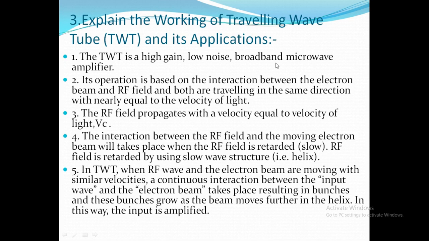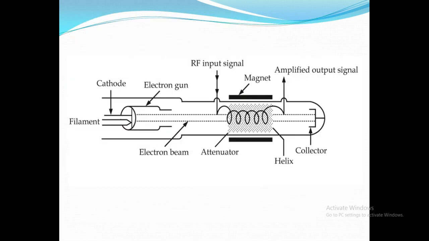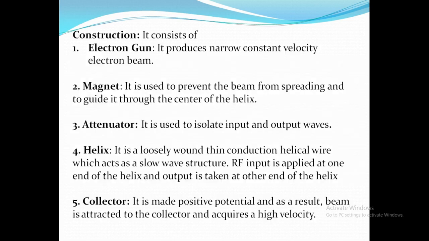Next, the working of the traveling wave tube and its applications. The traveling wave tube is a high gain, low noise, broadband microwave amplifier. It has an electron gun, magnet, attenuator, helix and collector.